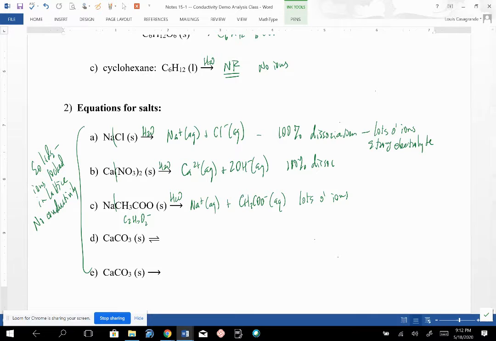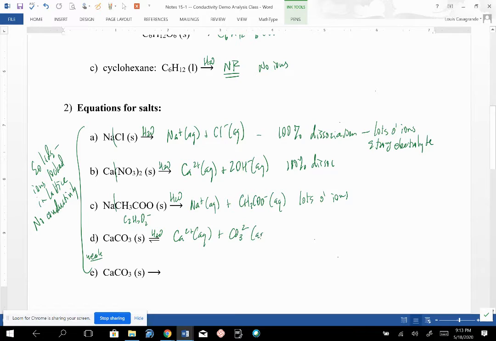Now, calcium carbonate is an interesting thing. We saw that calcium carbonate and barium carbonate. We saw one of these guys was actually a weak electrolyte. So this is weak. Why is this a weak electrolyte? You notice I've got an equilibrium arrow there. When we put calcium carbonate into water, we do make calcium ions and the carbonate ions.